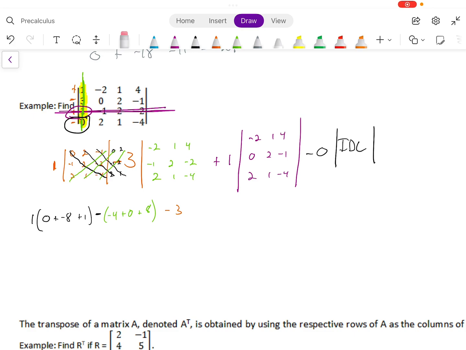And we can do the same thing. We can use diagonals here. You could use cofactors here as well. So we have -2, 1, -1, 2, and 2, 1. It's 3 times this determinant.